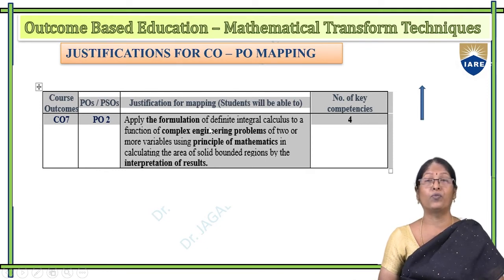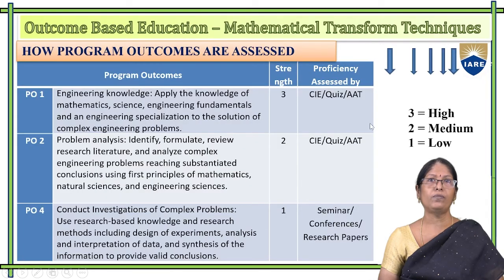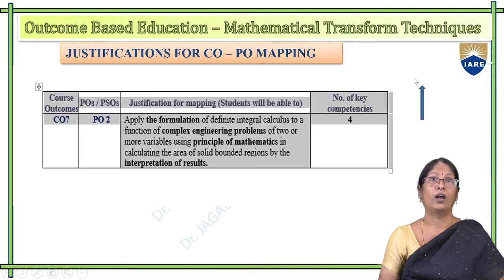That is, apply the formulation. Totally, we can see it here: identify, formulate, review, research literature, analyze. There are nearly 10 elements, and of these 10 elements, 4 are satisfied here.